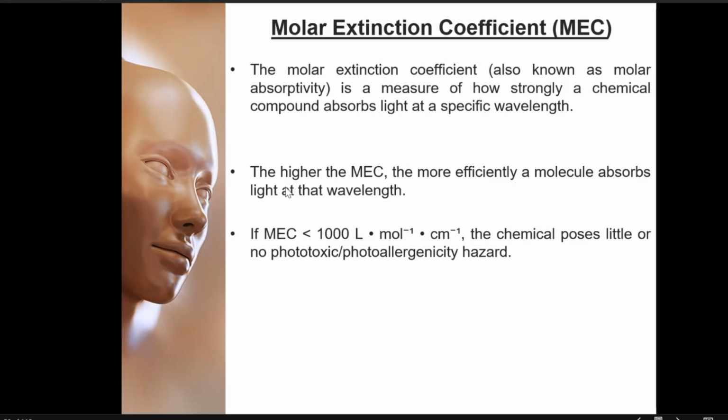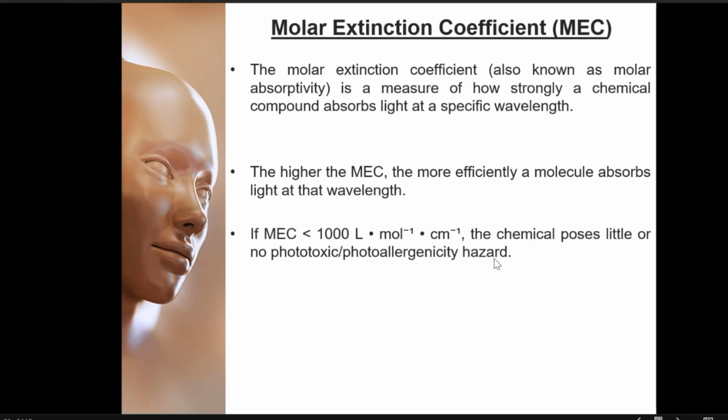The higher the MEC, the more efficiently a molecule absorbs light at that wavelength. If the MEC is less than 1000 L/mol/cm, the chemical poses little or no phototoxicity and photoallergy.